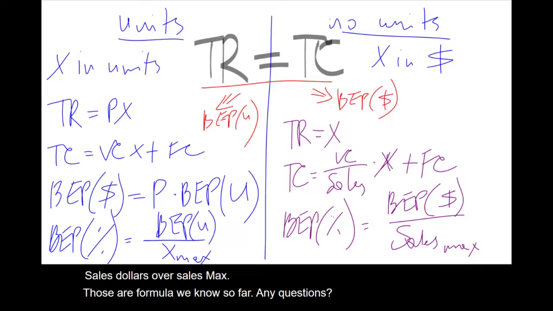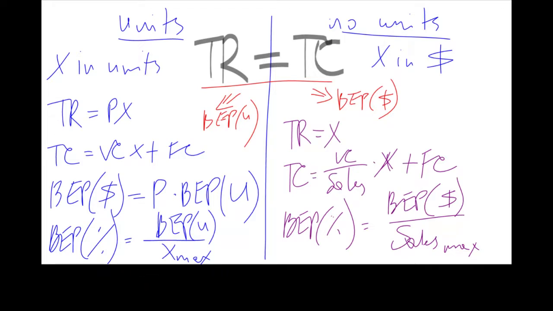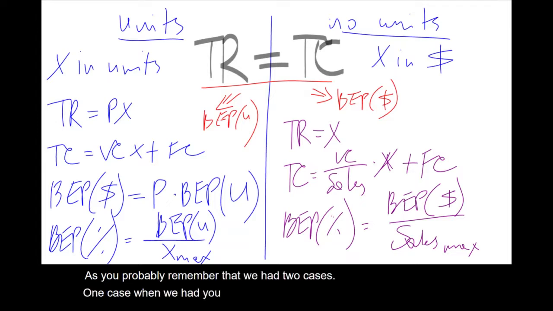Yes, could you real quick explain what you mean by total revenue equals total cost? One gives you the BEP in units and one gives you the BEP in dollars. Well, as you probably remember, we had two cases. One case when we had units, like pencils, bell peppers.